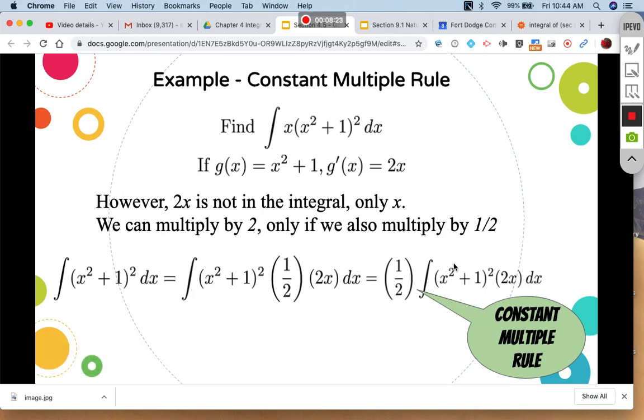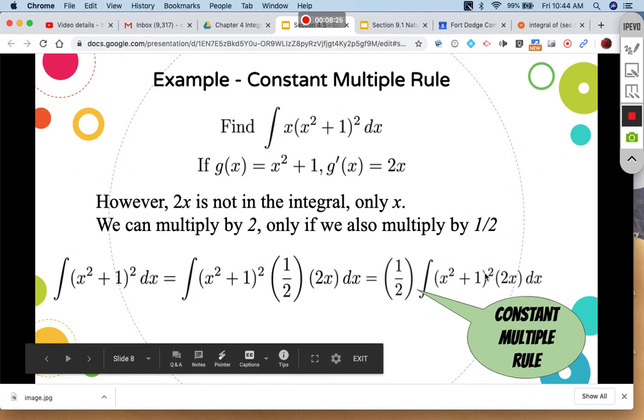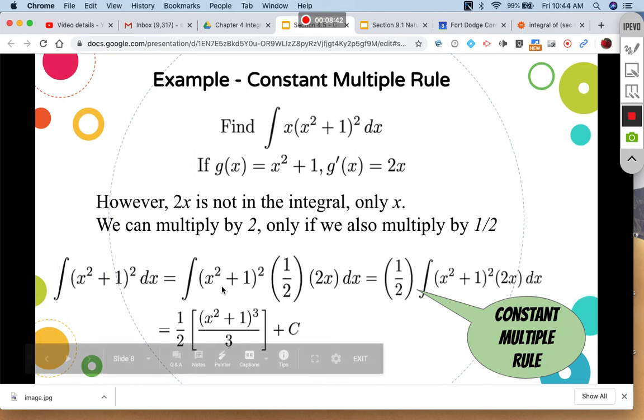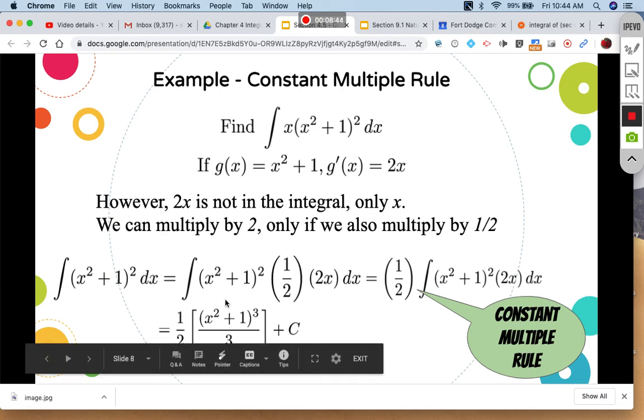And now I have f of g of x, and I have g prime of x. So I can just apply my pattern and take, okay, that would be my 1/2 from the constant multiple. I have my u cubed over 3, or my x squared plus 1 cubed over 3, plus my constant.